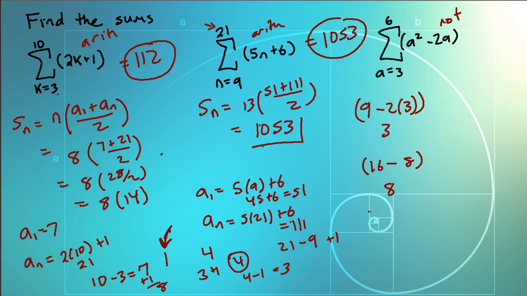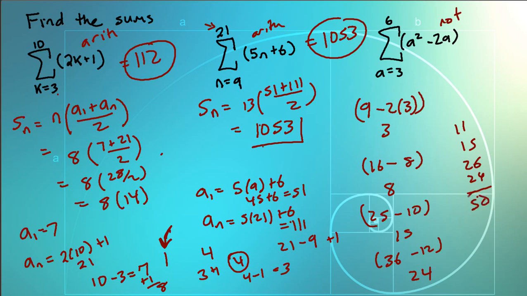Now I'm at 5, so 25 minus 10, so that's 15. That's the next one. Then I put in 6 into the formula there. 36 minus, if I put a 6 right there, that's minus 12. So 24. And then I add those all up. 3, 8, 15, 24. I'm just adding these. Looks like 50. So equals 50.